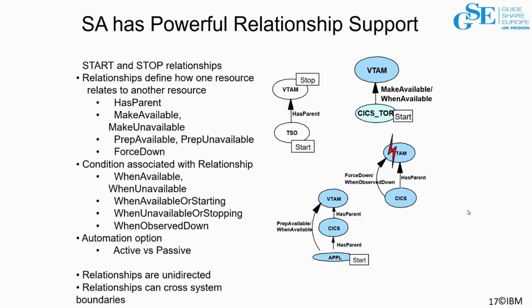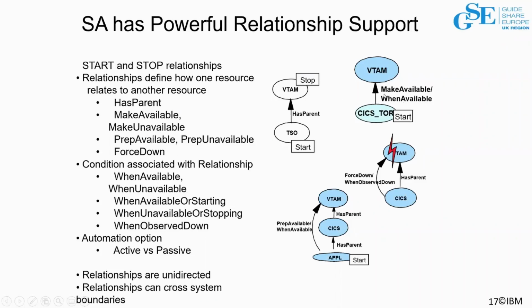So we've got powerful relationship support. Relationships define how one resource relates to another resource. HasParent is the most obvious and common relationship, but there are many more, in fact many more than I've listed here. This is just a fraction of the available relationships, and those relationships can have conditions attached, like WhenAvailable.